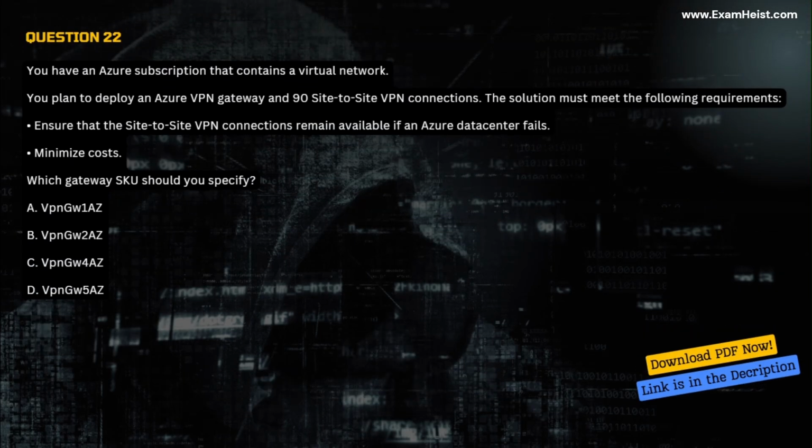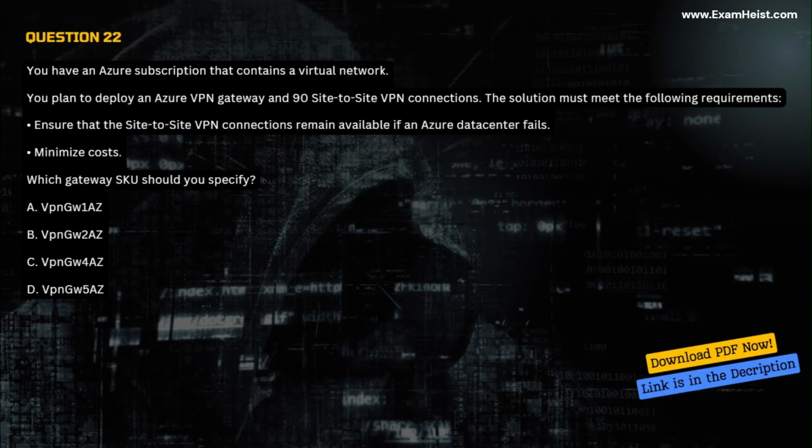Question 22. You have an Azure subscription that contains a virtual network. You plan to deploy an Azure VPN gateway and 90 site-to-site VPN connections. The solution must meet the following requirements: ensure that the site-to-site VPN connections remain available if an Azure data center fails, and minimize costs. Which gateway SKU should you specify? A. VPN GW1AZ.